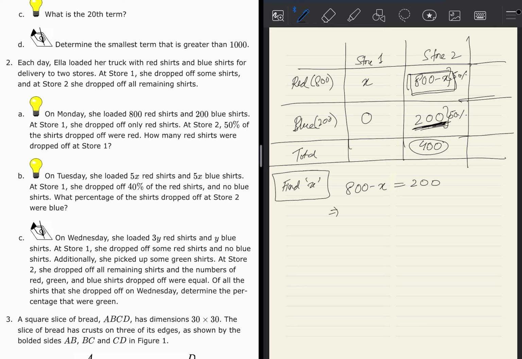If we solve for X, we get X equals 600. So this was quite straightforward. The answer to how many red shirts were dropped off at store 1 is 600 red shirts. So that's our answer for question A.